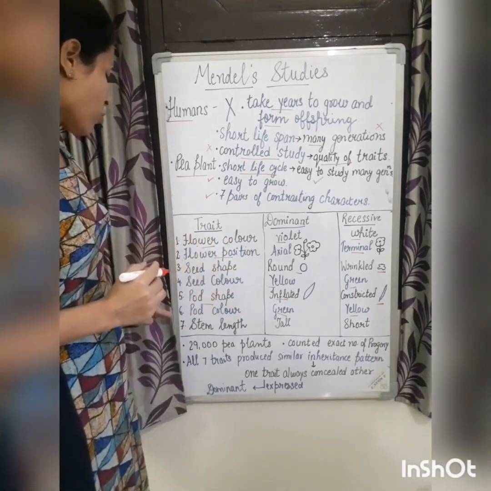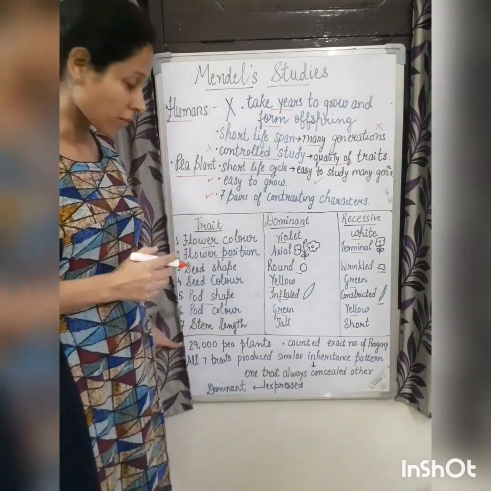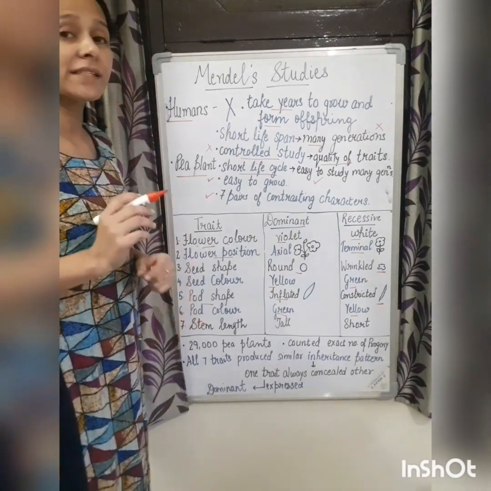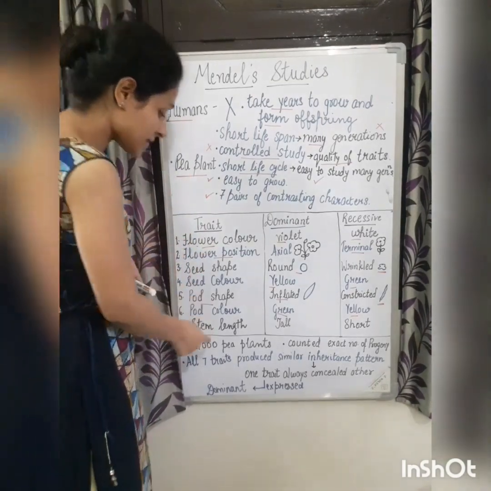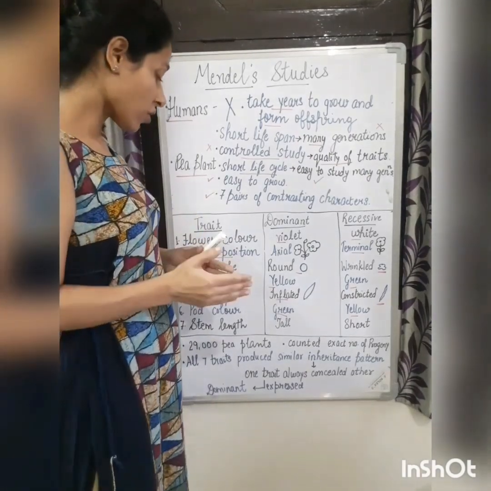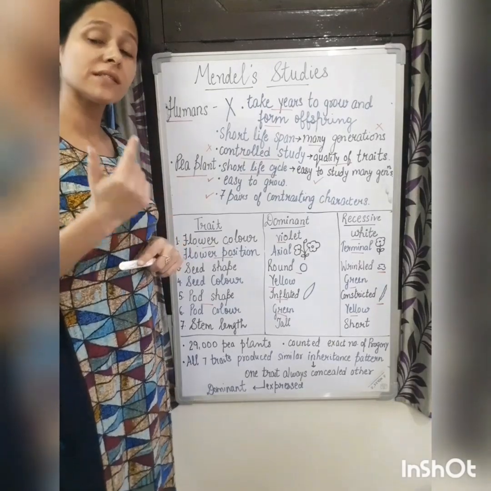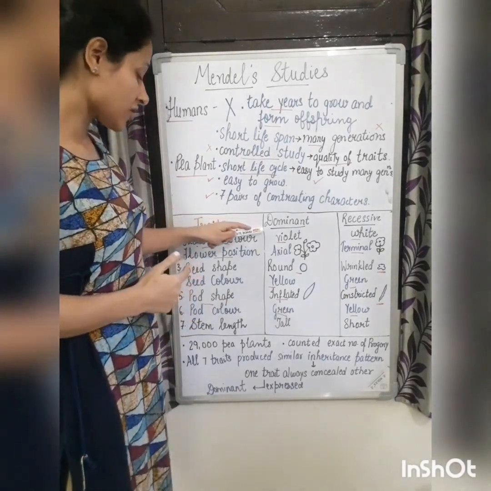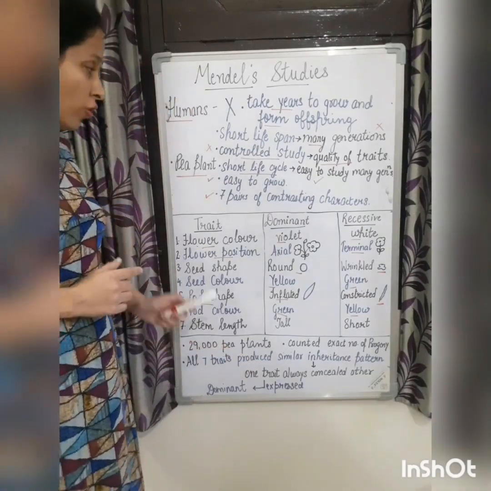Mendel crossed and mated around 29,000 pea plants in his complete study, and he counted the exact number of progeny plants. What he observed was that the 7 traits produced almost a similar pattern. The similar pattern was that one trait always concealed the other trait in the first generation, and the trait that was expressed was called the dominant trait.